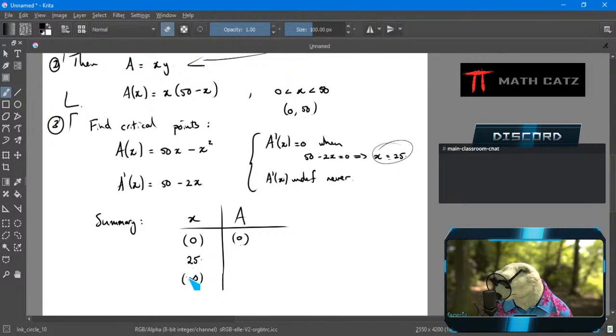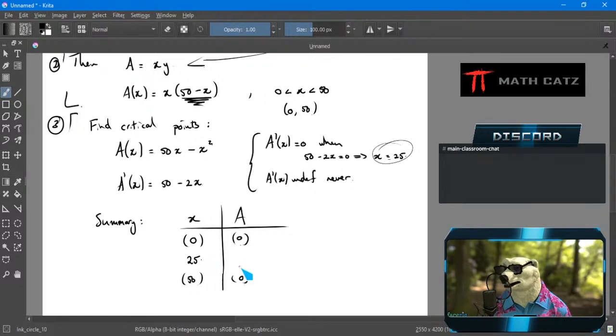And let's update this guy as well. I still want to have it in brackets because I can't actually get there. But now I can maybe more easily see that if x approaches 50, then this bracket is going to approach 0, and it's going to make the area very small as well. So my best area is not going to sit there.